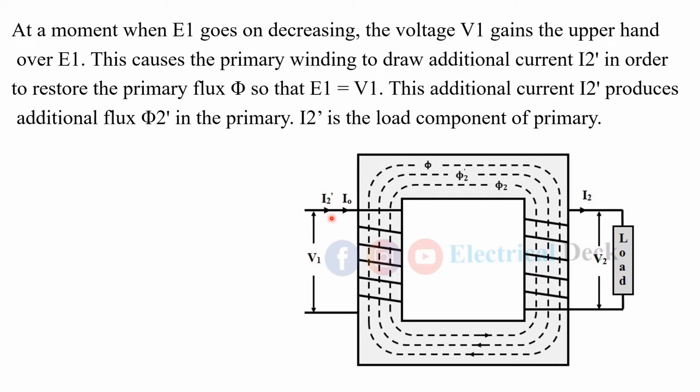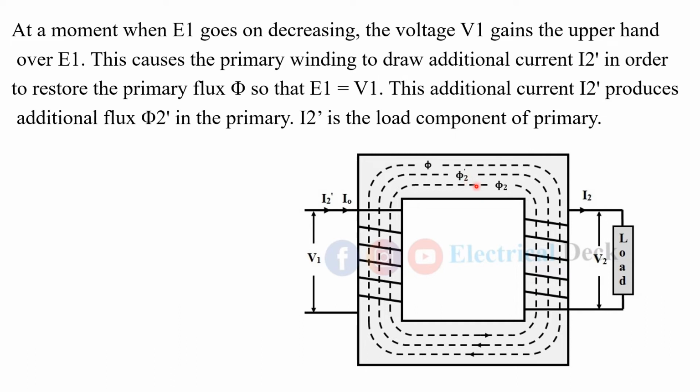Due to this I2 dash, some flux will again be created in the core, represented here as phi 2 dash, and this phi 2 dash will be just opposite to that of phi 2. That means phi 2 will be completely neutralized, or demagnetized, by the flux phi 2 dash.